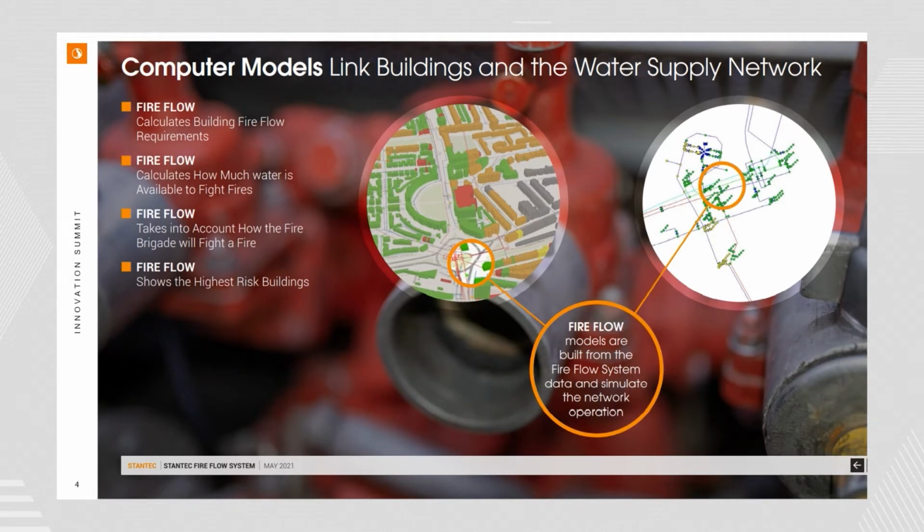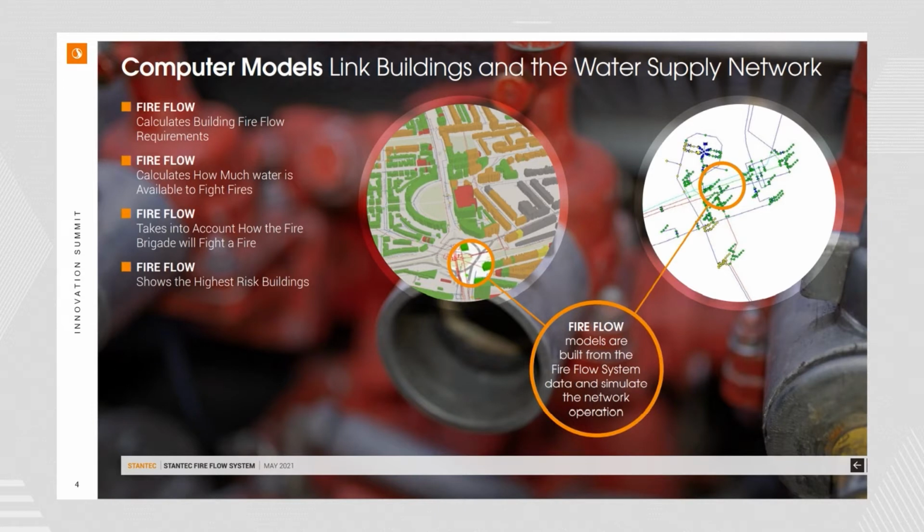The computer models that we built for Stantec Fire Flow are also unique in that they represent not only the water supply system and its fire hydrants, but also the hoses which are laid between the hydrants and between the fire hydrants and the fire engine appliance, as demonstrated in this graphic, with these strange little dummy nodes and pipes here representing the fire hydrant, and then the hoses which are laid up to the fire engine itself.